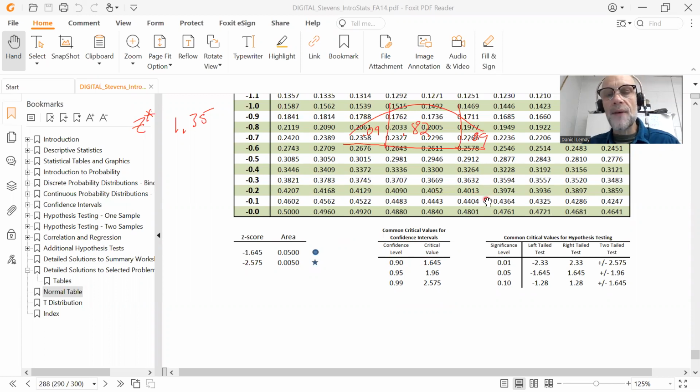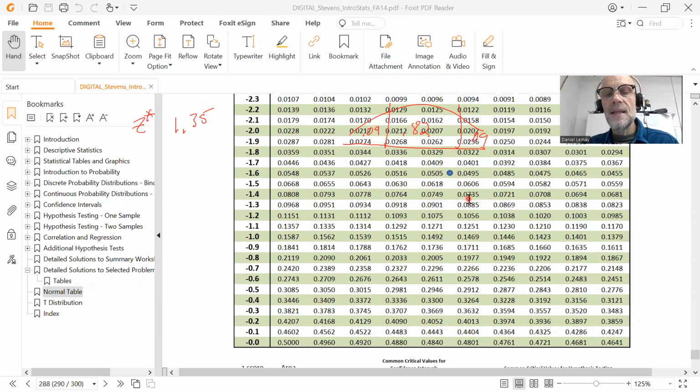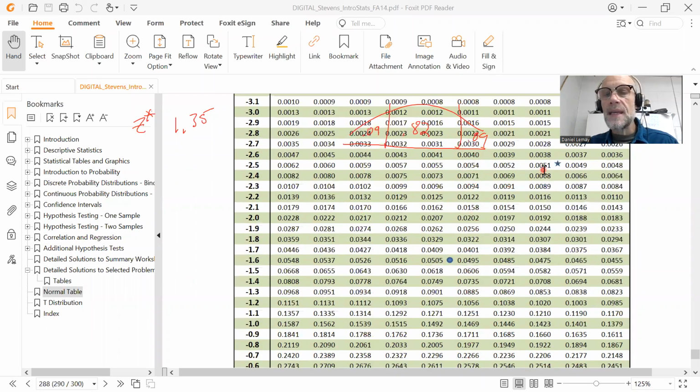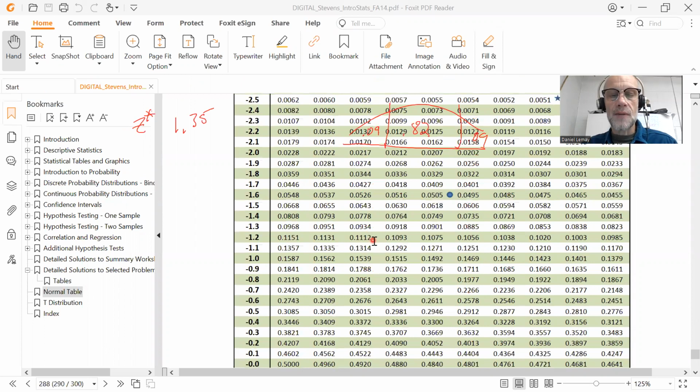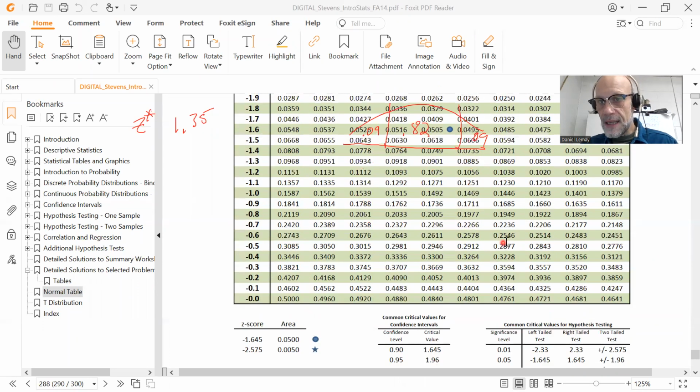He scrolled down and found 0.05, and you see actually 0.05 right there. That would probably be the 99% confidence interval, right? 2.575, yeah. So do you see what he did? He did the heavy lifting for us.